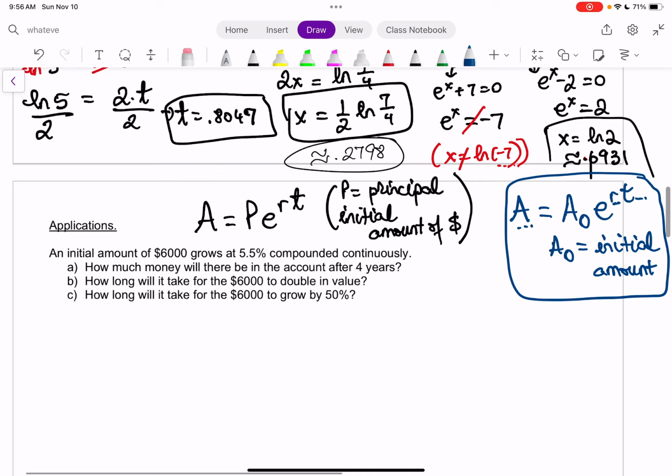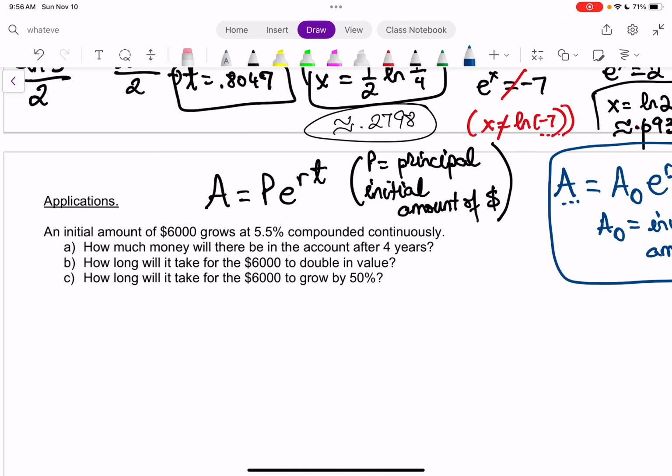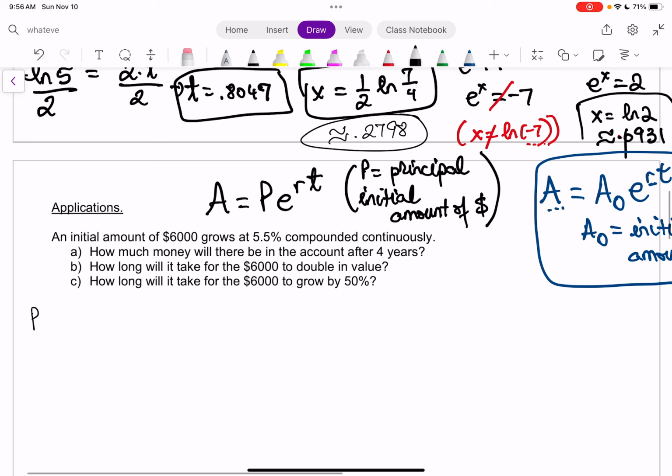So let's start with this. It says an initial amount of $6,000, we call that principal, grows at 5.5% compounded continuously. Therefore, we need to use the continuous compound formula, right? How much money will be in the account after 4 years?